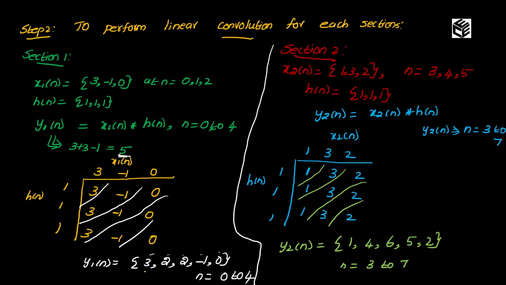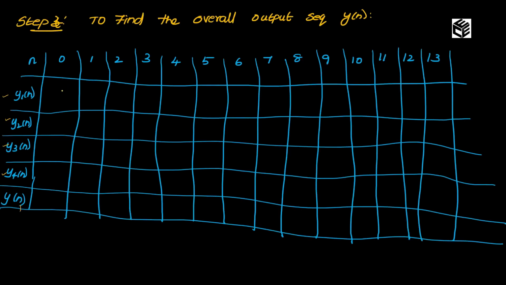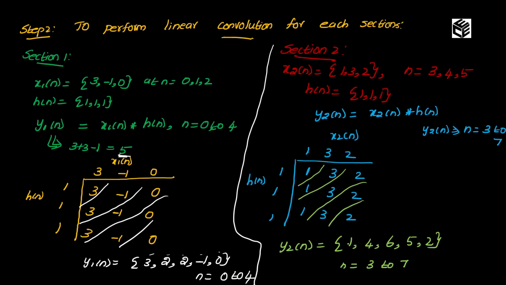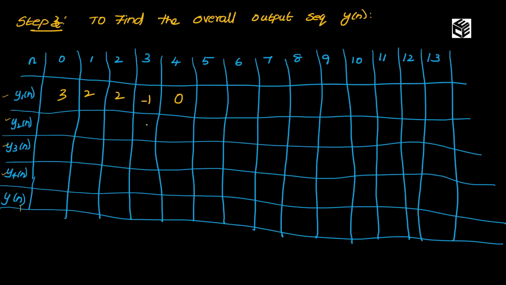What is my y1 of n? My y1 of n is 3, 2, 2, minus 1, 0. That starts from 0, right? Now my y2 of n is 1, 4, 6, 5, 2, which starts from 3. Understood?